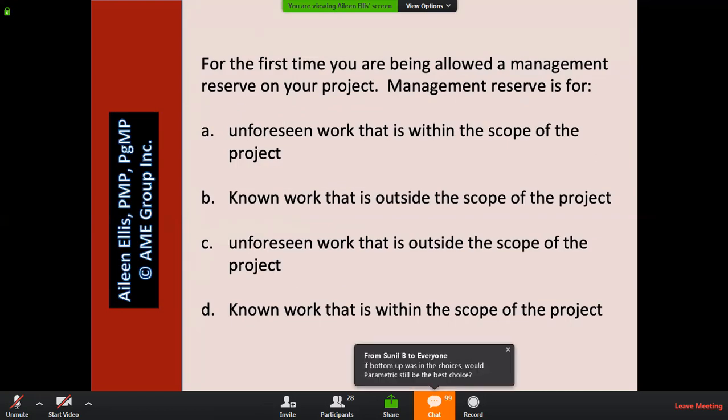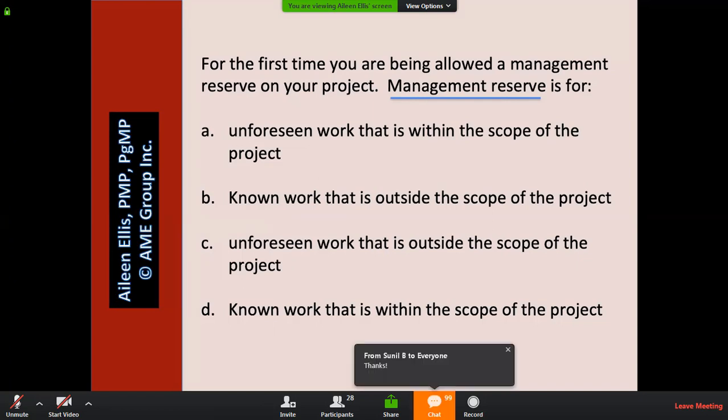For the first time, you're being allowed a management reserve on your project. Management reserve is for... So here, the question is about management reserve.